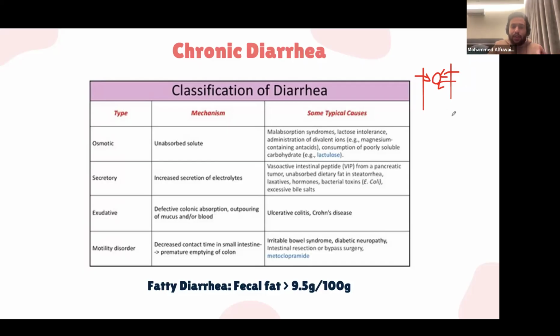For secretory, it's something in the bowel wall that's causing secretions to occur. There are increased secretions. The most important cause of secretory is anything that causes an increase in the vasoactive intestinal peptide, which is VIP. So, for example, patients with VIPoma, which is a tumor that's secreting VIP, this will cause an increase in the water that's being secreted into the lumen, okay?